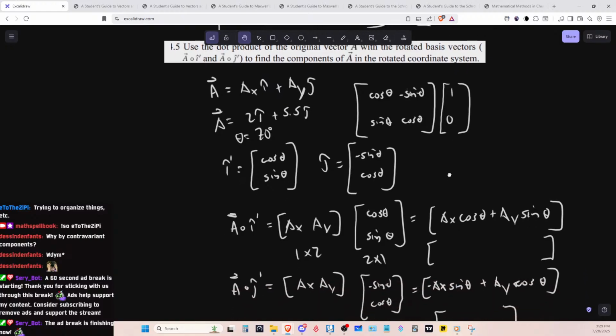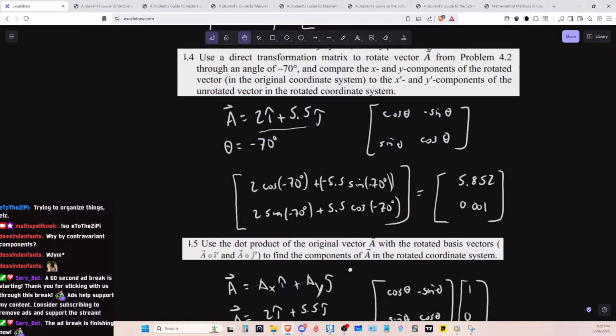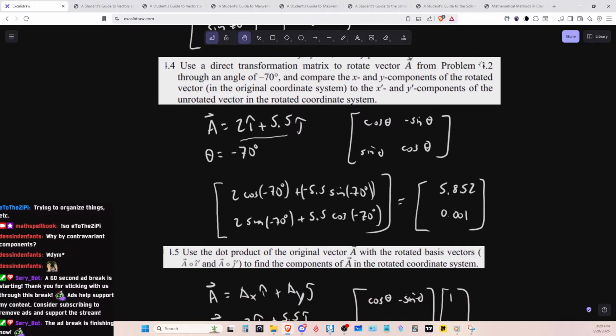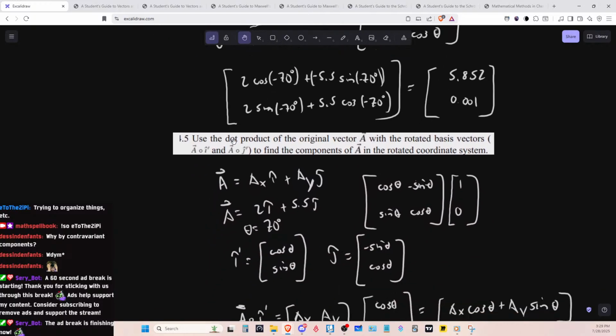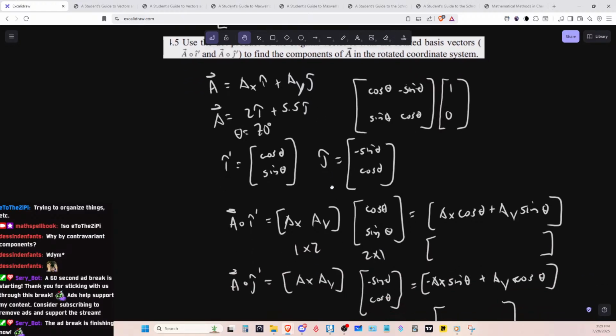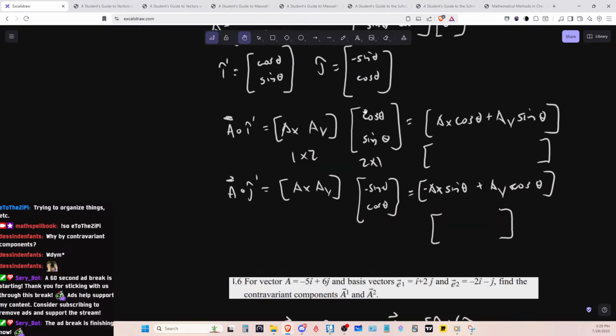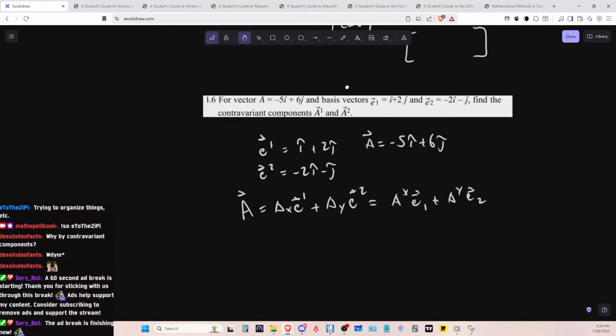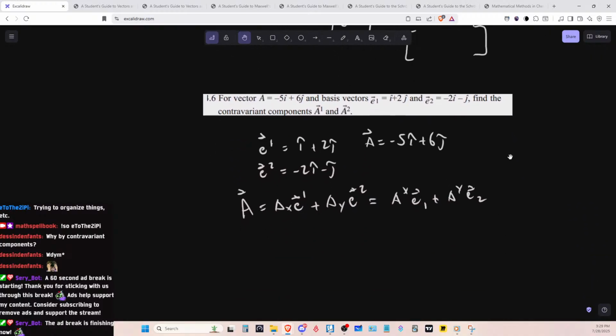And I think that's what got me mixed up, because the previous problems referenced a previous problem like 4.1 or 4.2. But this one, they didn't reference any problem, yet they expect you to take the results from the previous problem into this part, which I thought meant we were supposed to make a new vector.